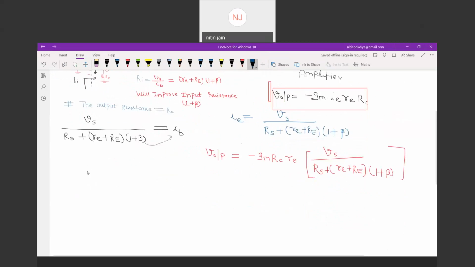So we can say RE plus RE into 1 plus beta is much greater than RS, the source resistance.